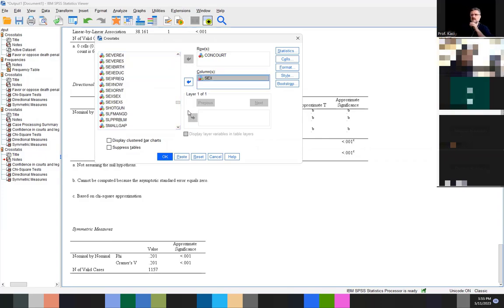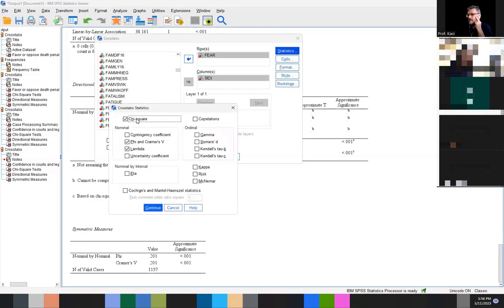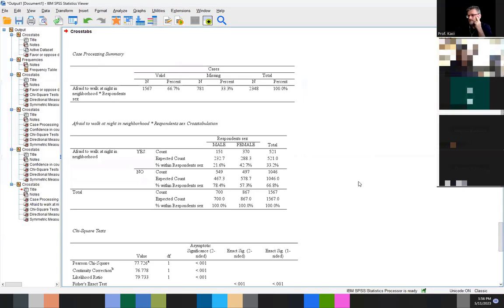So that's in the column, right? Because we think that that's the predictor. And fear. Okay. In cells, we're going to get the column again, expected. Statistics, the same things here. And then click OK.